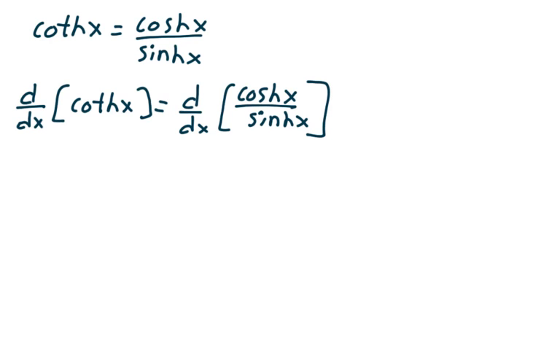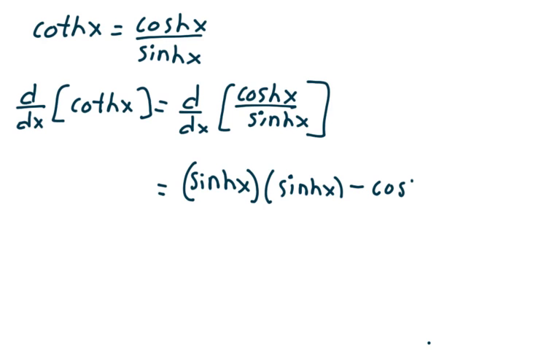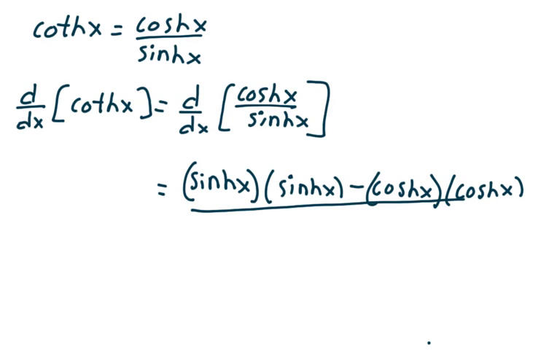And so this is sinh x, right? That's the bottom function. And then the derivative of the top function is sinh x, minus the top function, which is cosh x, times the derivative of the bottom function, which again is cosh x, and I'm going to divide by sinh squared x.